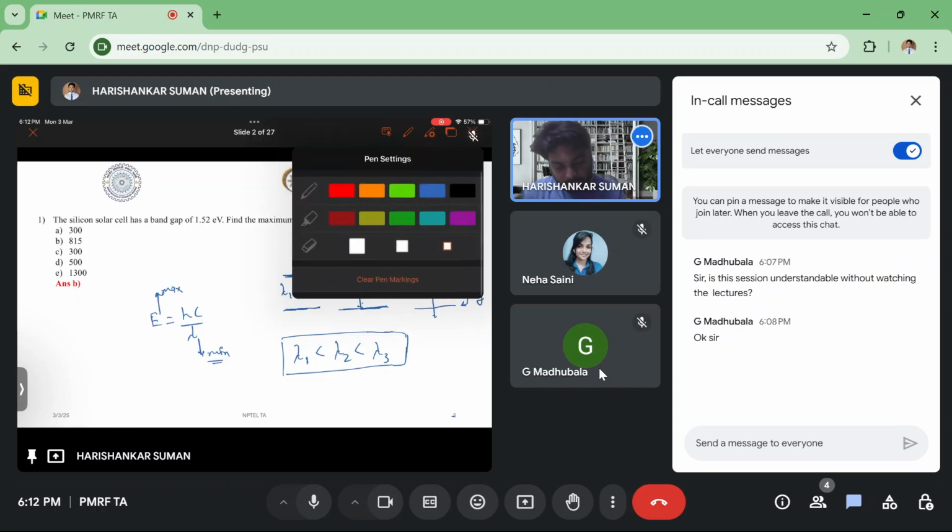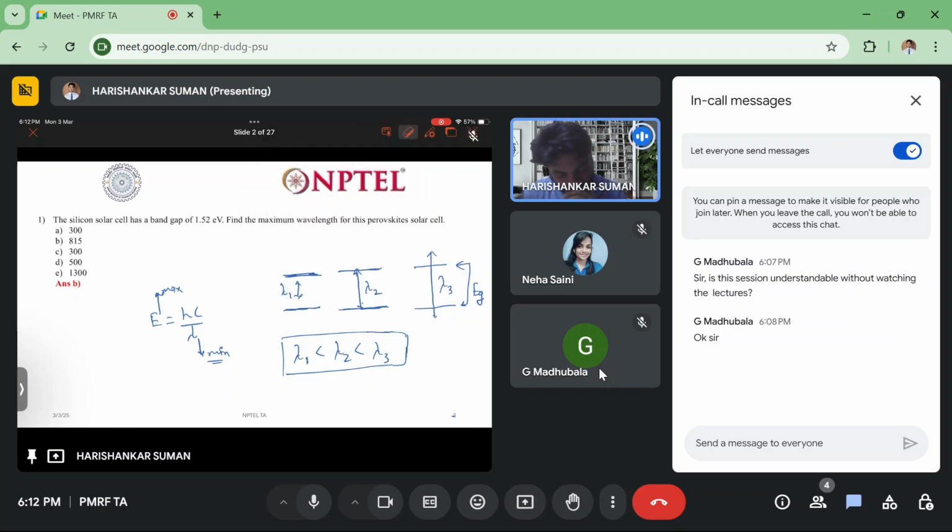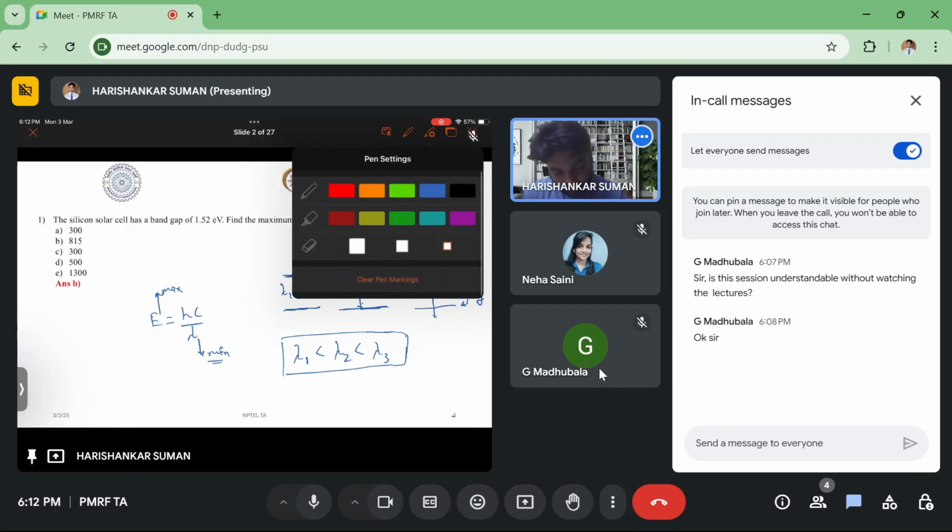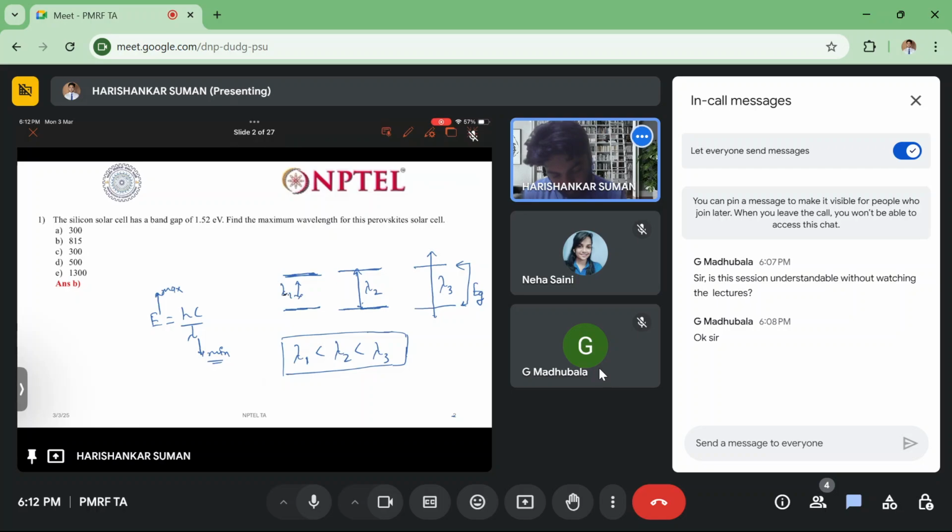Okay. Let me put in the respective energies, since lambda will be confusing to you. The incident photons have energies E1, E2, and E3.